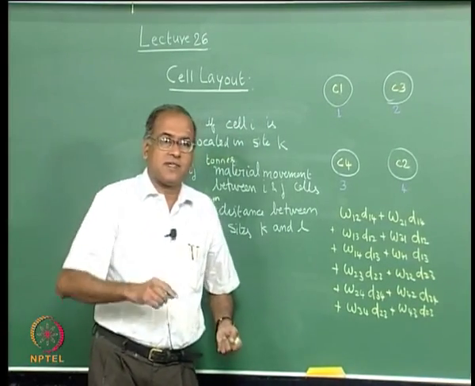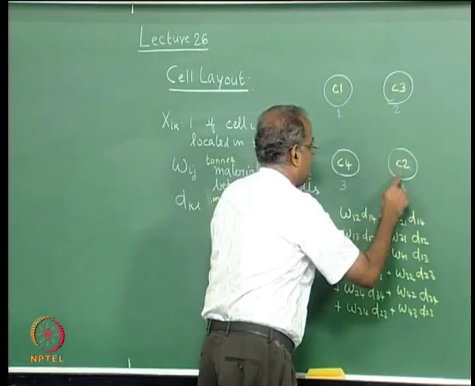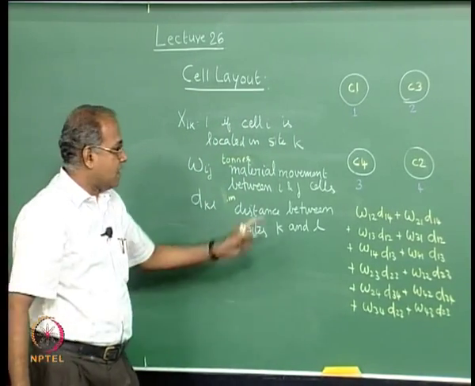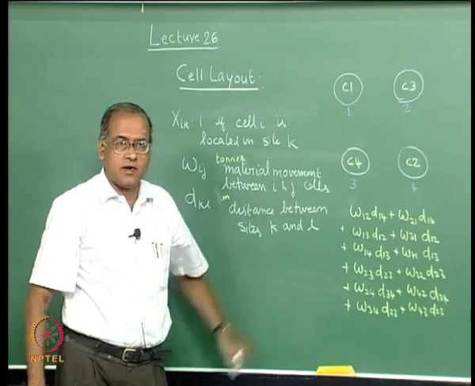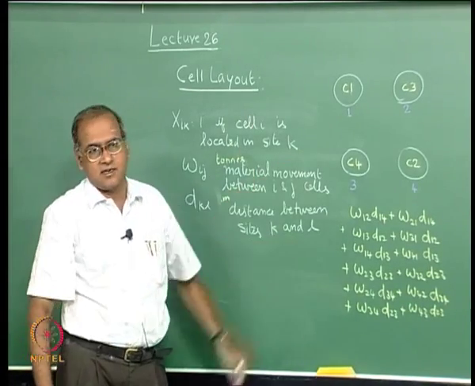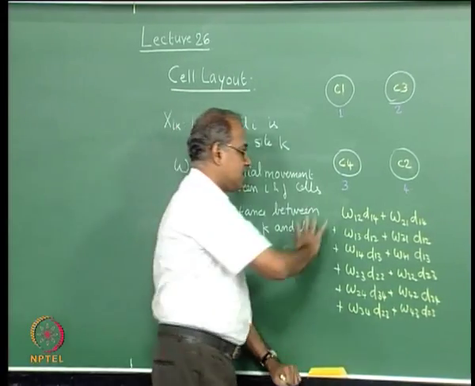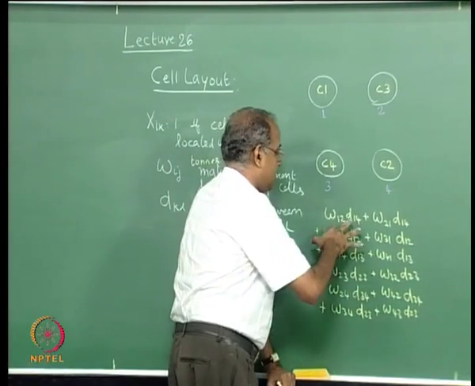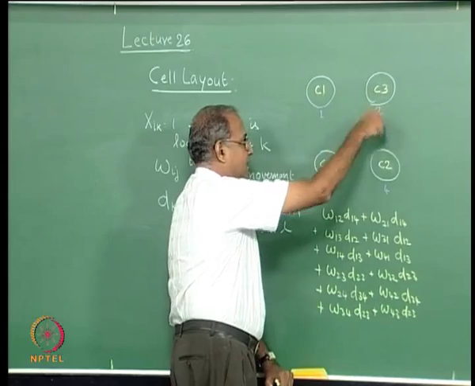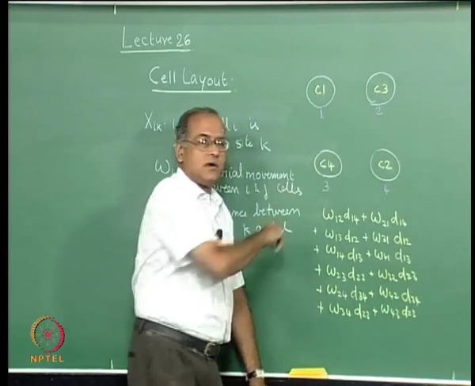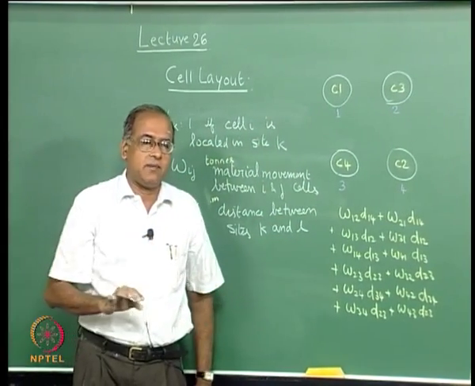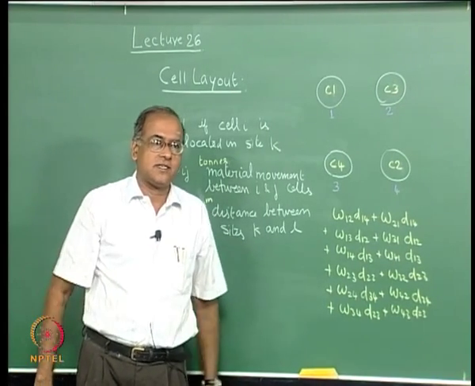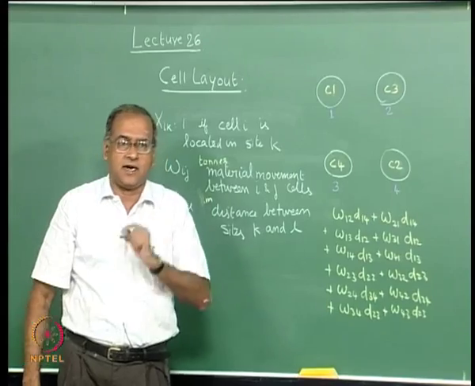So, the problem is, given a certain allocation of cells to sites, or facilities to sites, we can compute this movement. Now, what is the allocation that will minimize this movement? Because these sites are given here, d12 can be taken as d21. Symmetry will normally hold between distance between 2 points, dij is equal to dji.